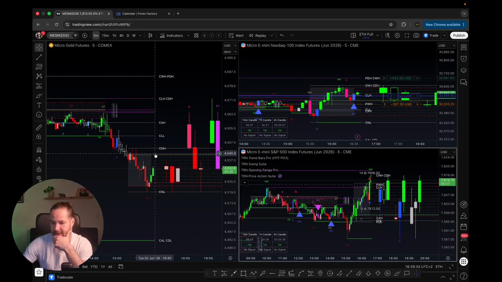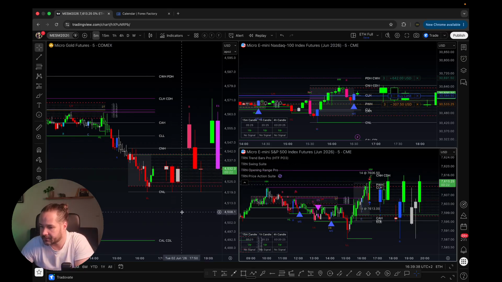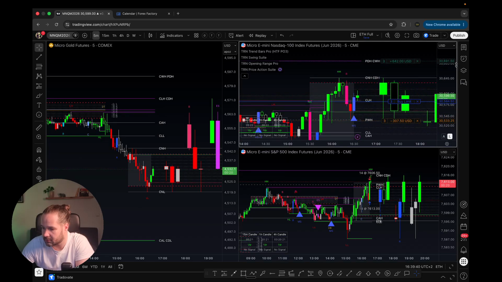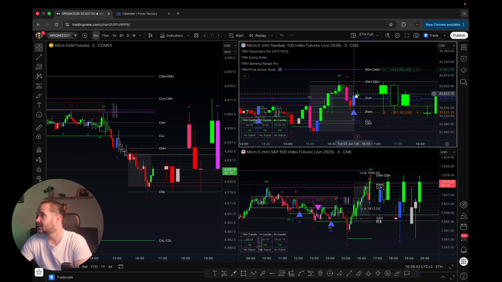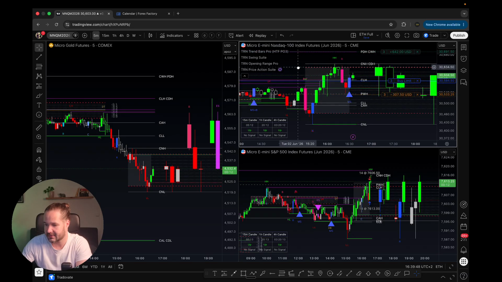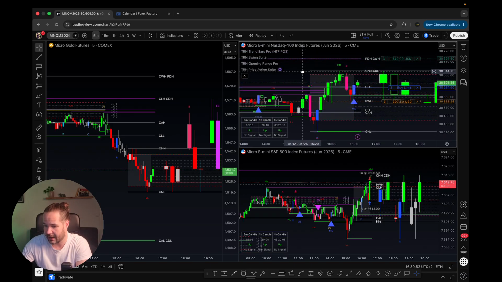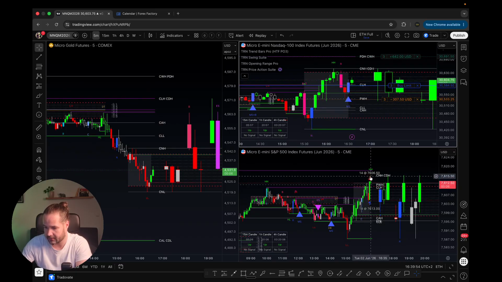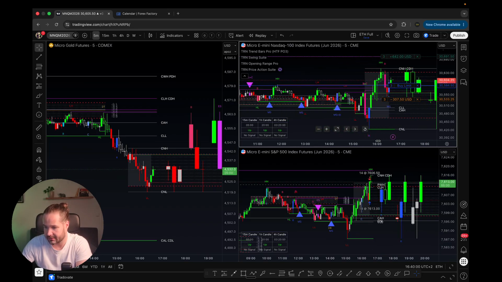I would like to get a short entry here on gold after a little pullback. By the way, the opening range has formed now. So we have new interesting levels, the opening range high and the opening range low, where interesting things can happen. It's a volatile session, honestly.